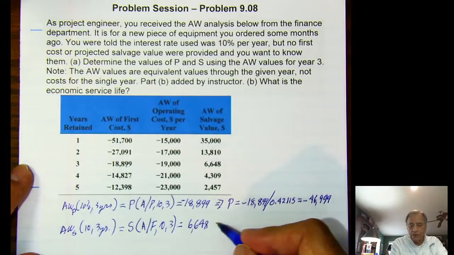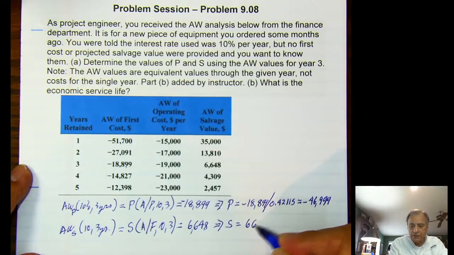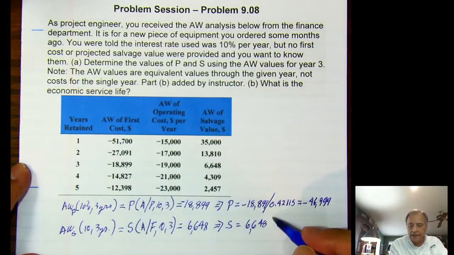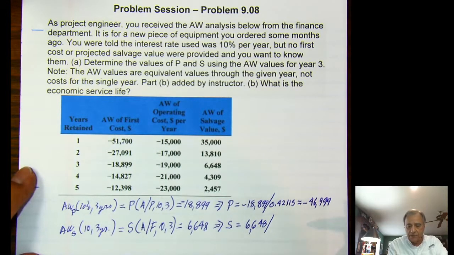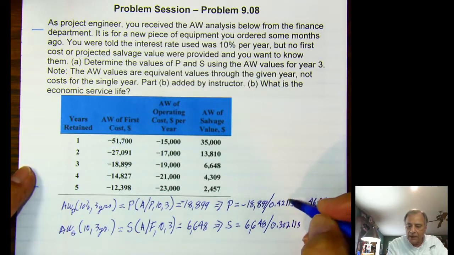So if we solve this equation for S, we get S equals 6648 divided by A given F, 10% for 3 years, and that number turns out to be 0.302115. By the way, I left out a 0 right here. Let me redo this.